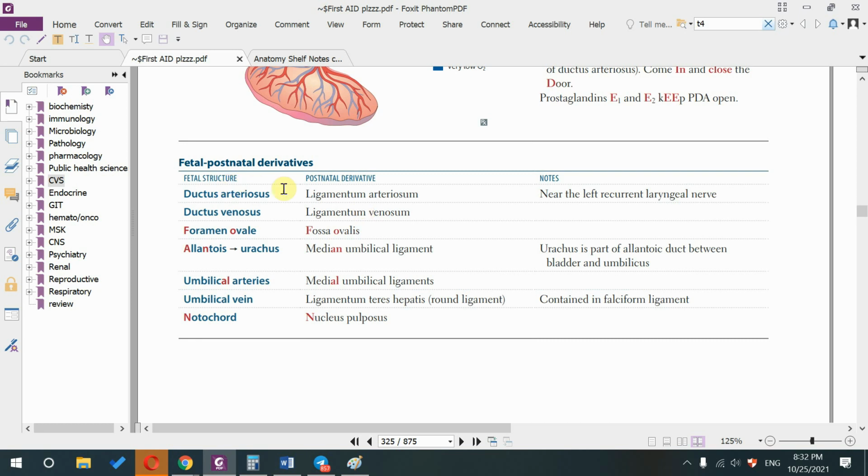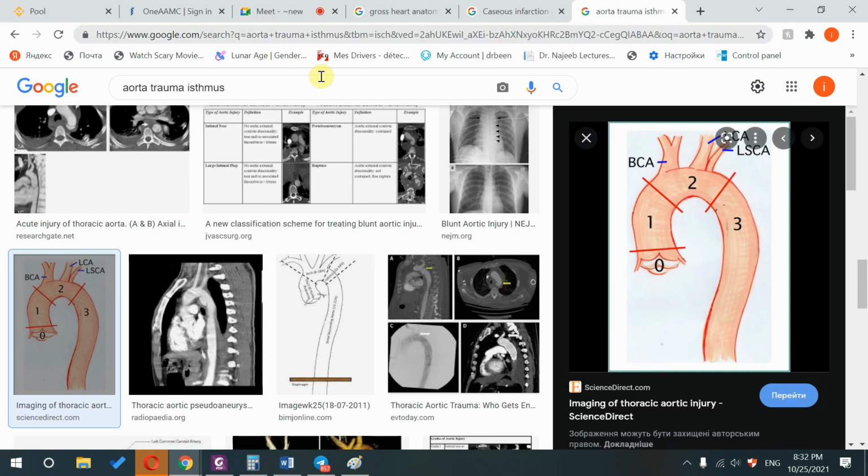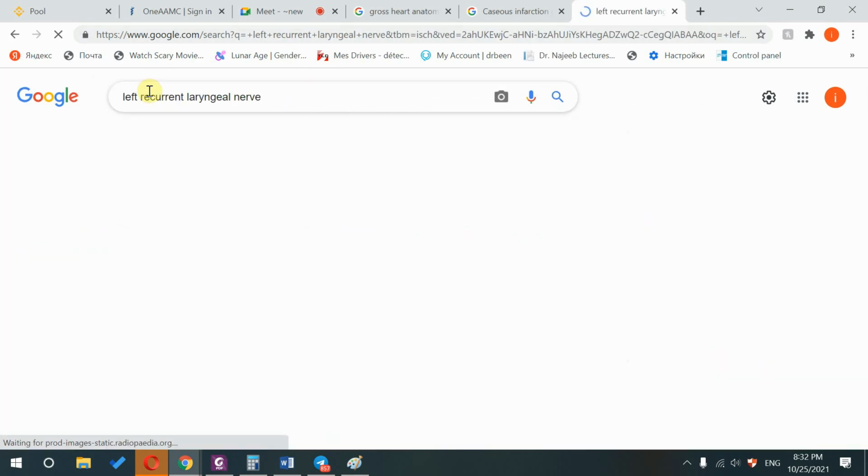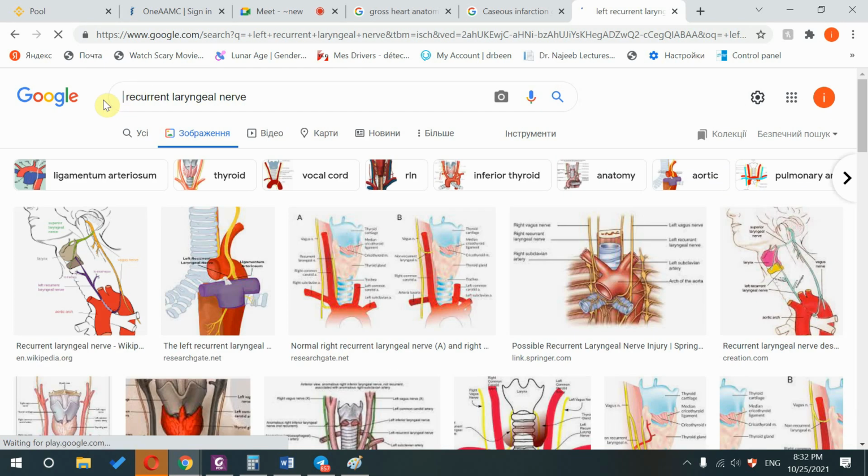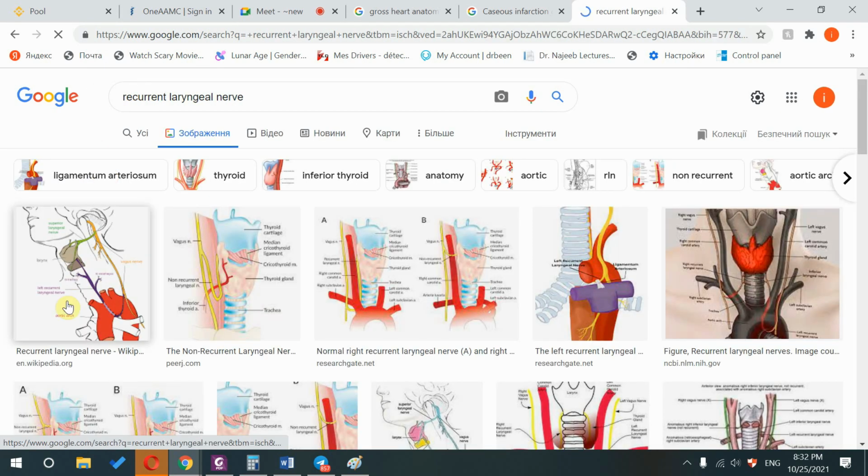So, guys, after embryology, you need to know what each ligament does. The ductus arteriosus, after birth, becomes the ligamentum arteriosum. And you need to know that it goes near the recurrent laryngeal nerve. So what is this recurrent laryngeal nerve? Look at this picture.